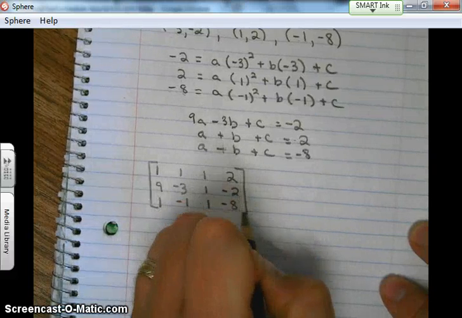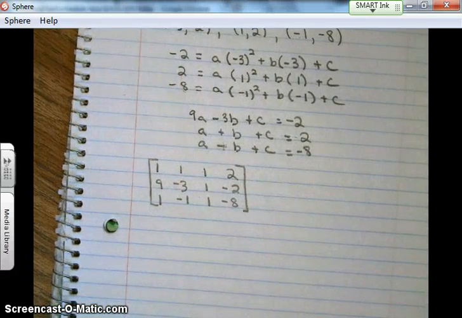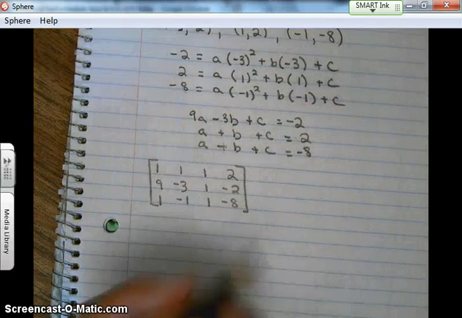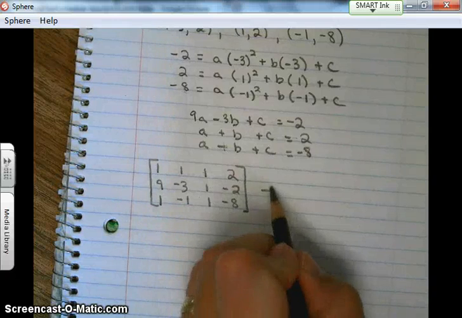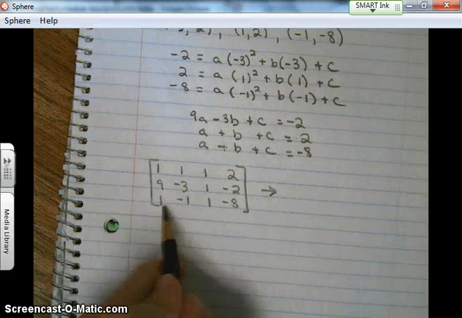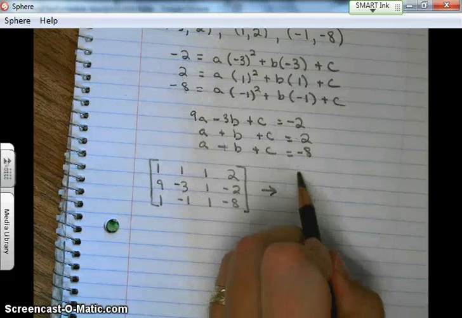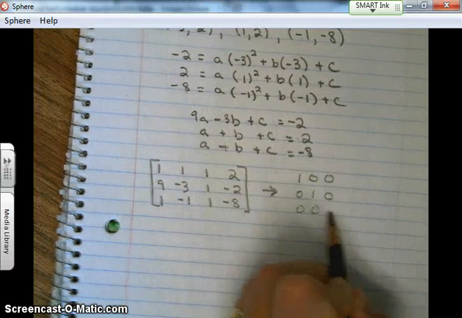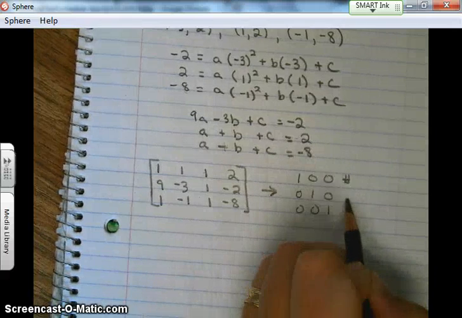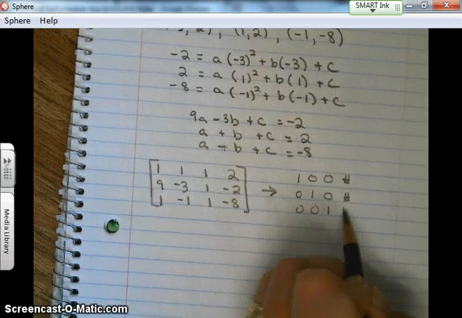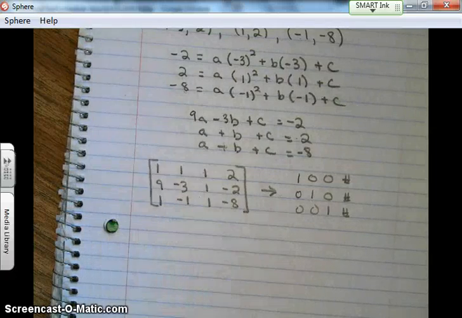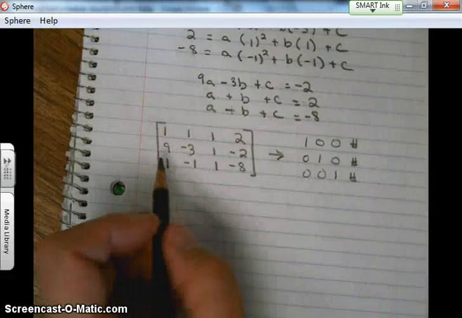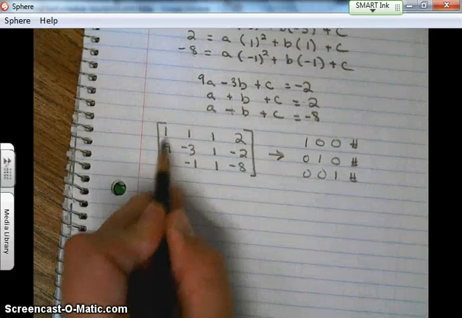Okay, Gaussian elimination method. So, recall that we want to change this to the identity matrix, and then our solutions will be on the right column. Going kind of quickly here, we want to make this into 0.